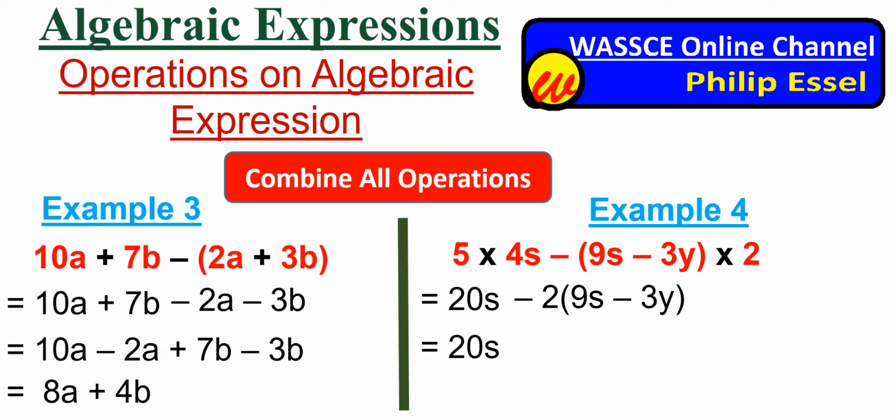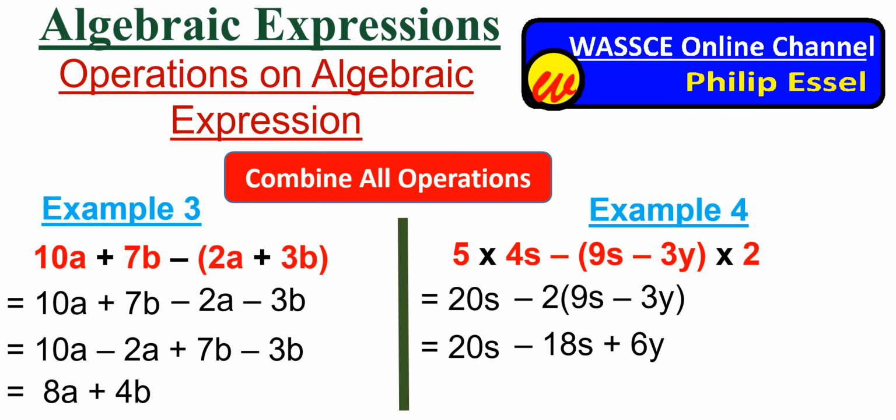The items in the bracket are 9s minus 3y, and the item outside of the bracket is negative 2. So negative 2 would first multiply the 9s, and that would give us negative 18s. Again, the negative 2 would multiply the negative 3y, and that would give us positive 6y.